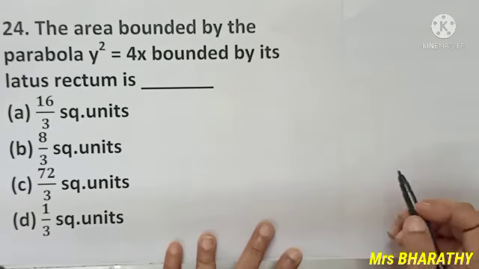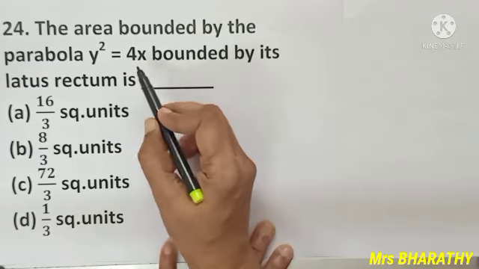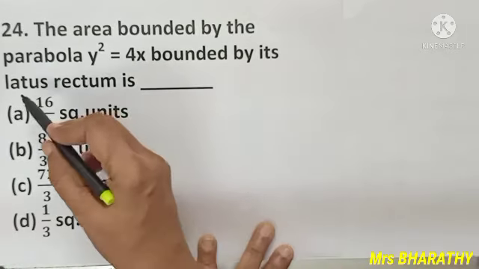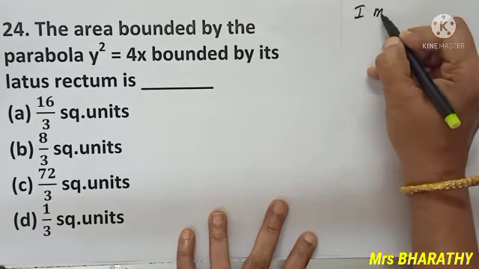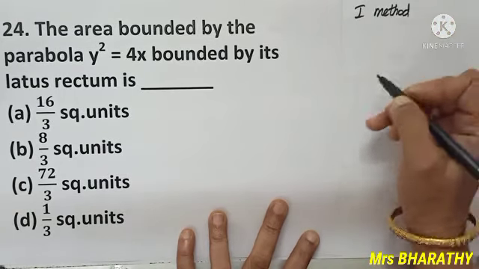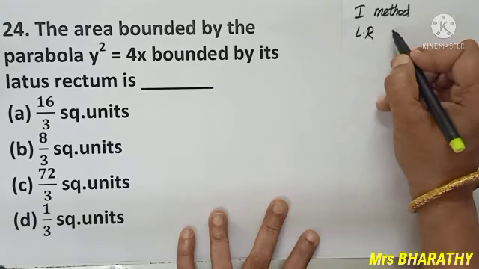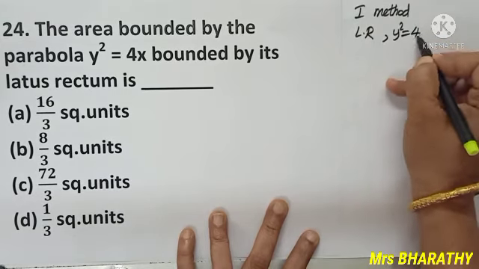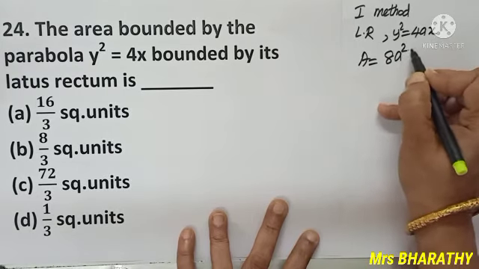Question number 24, find the area bounded by the parabola y square equal to 4x with its latus rectum. One method, directly we can remember the formula. Whenever we say bounded by latus rectum, y square equal to 4ax, area is 8a square by 3.